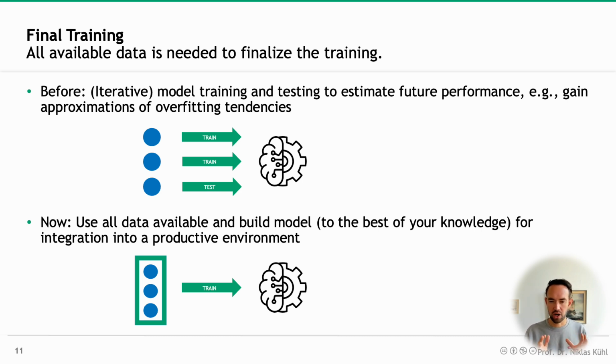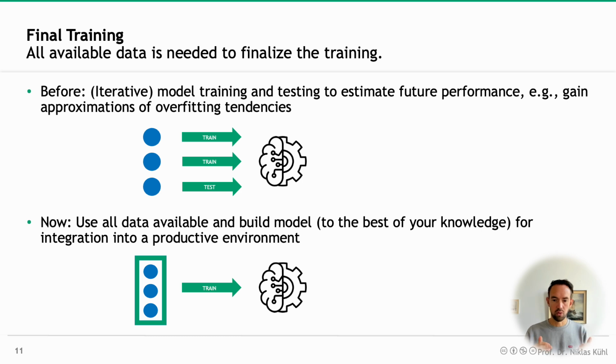How well would it possibly perform in the real world? That was all of high importance because we wanted to build a model that captures the capabilities that are required in the real world. So that means all those data points, illustrated here as 3 ones, we typically use to train and sometimes to test.